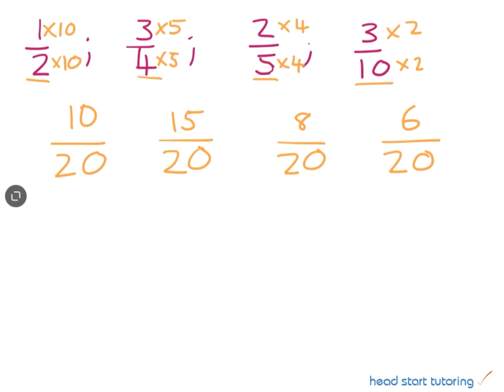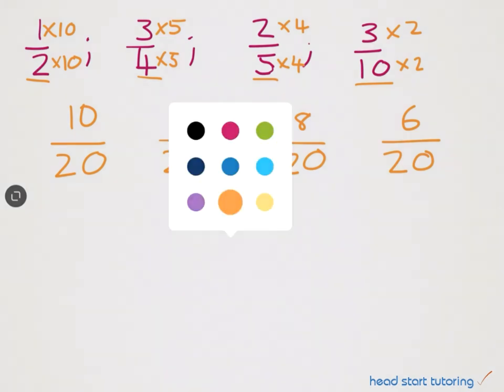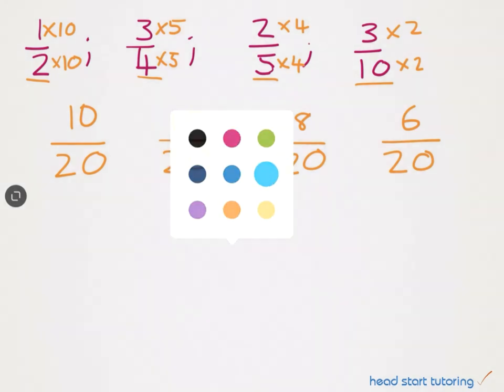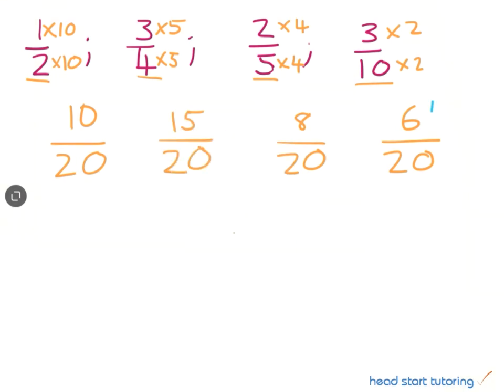And now I can compare my numerators. As soon as I've got a common denominator, I can compare my numerators. So I know that 6 over 20 is my smallest fraction. Then I've got 8 over 20, then 10 over 20, then 15 over 20.